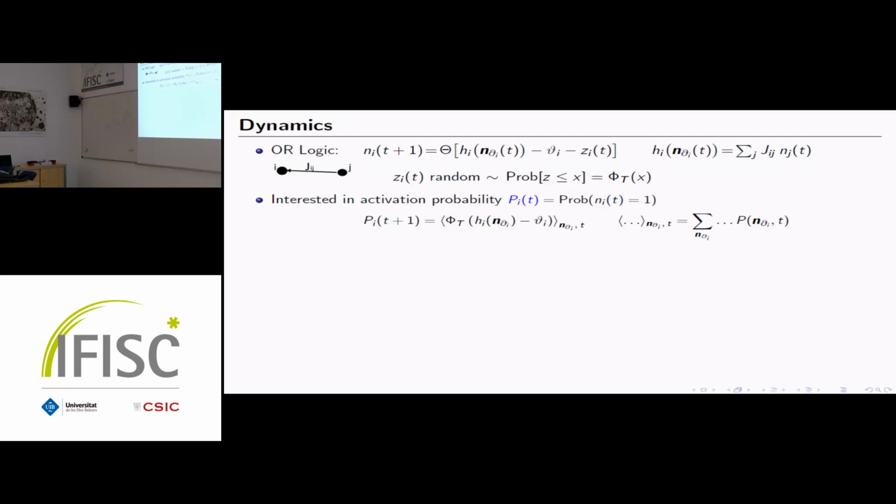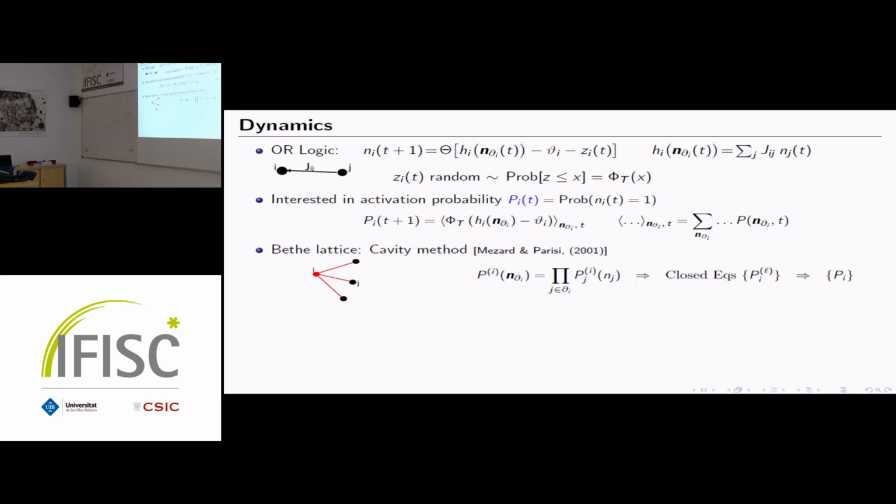And then I do not know the state of the neighbors of I, so I need to average over them. And this averaging is difficult, mainly because it's not a closed equation. Here you have a marginal for a single site, and you have to average over a joint distribution of multiple nodes.